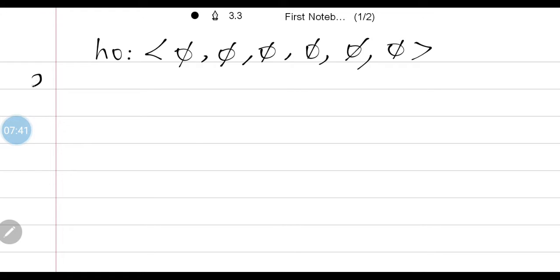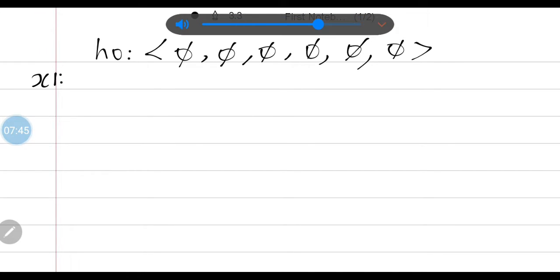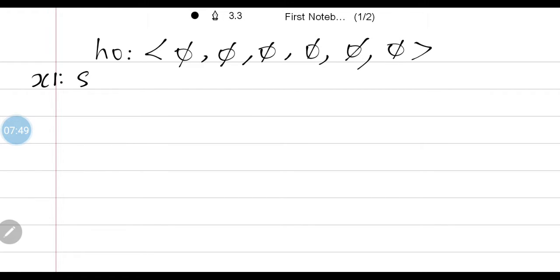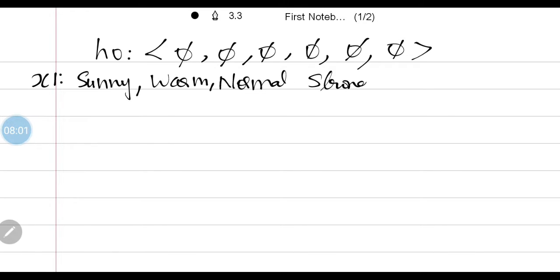We are going to go for the first instance in the table, that is x1. X1 will be, if you see in the table, sunny, warm, normal, strong, warm, same, and its outcome is yes.